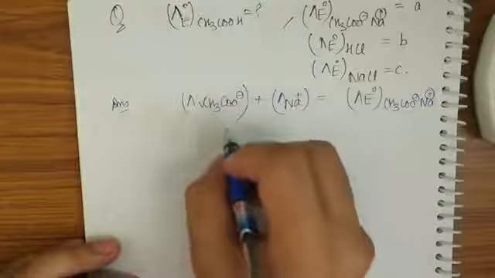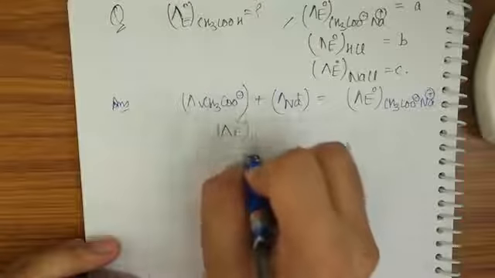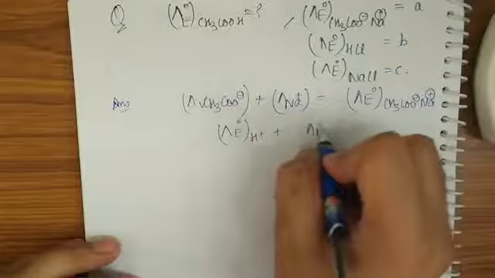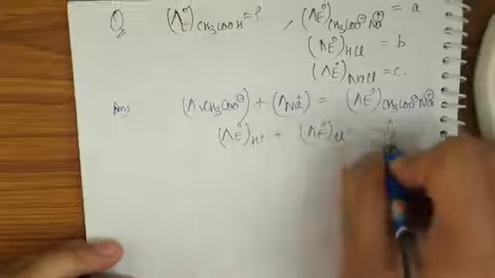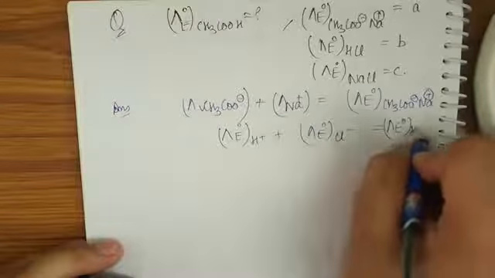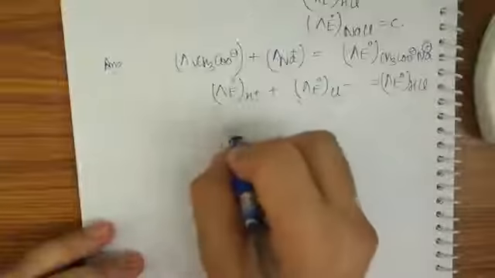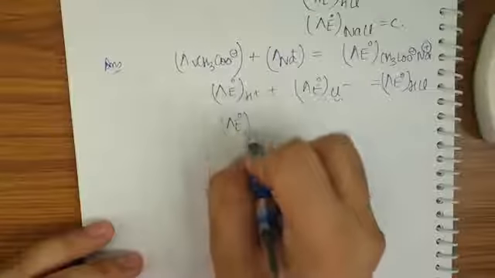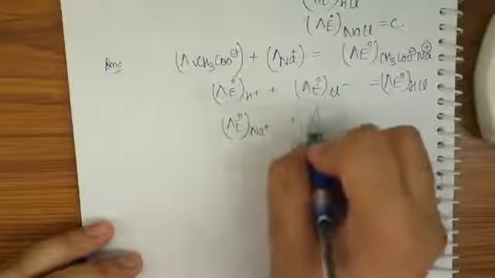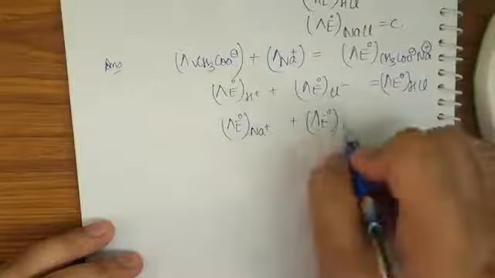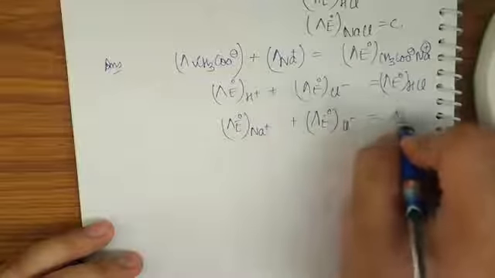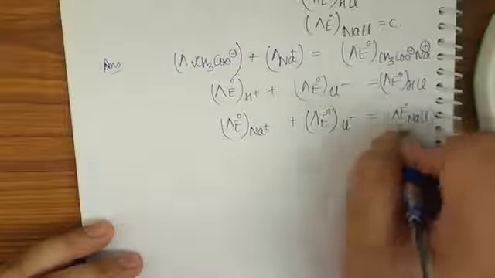From the second equation I get lambda E naught of H⁺ plus lambda E naught of Cl⁻ is equal to lambda E naught of HCl. And from the third equation I get lambda E naught of Na⁺ plus lambda E naught of Cl⁻ is equal to lambda E naught of NaCl.